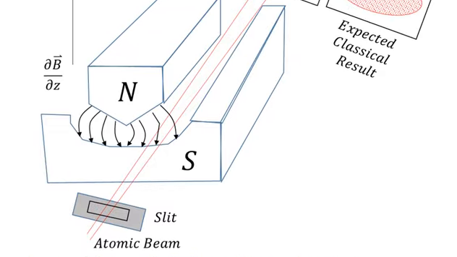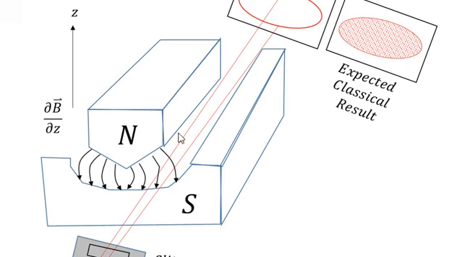The beam passes through an inhomogeneous magnetic field. From these lines of the magnetic field, you can see that the field is inhomogeneous because the lines are curved. Moreover, these lines are not parallel to each other, indicating that the magnetic field is inhomogeneous. I have shown the partial derivative of B with respect to z, which means that if you move along the z direction, you will find that the magnetic field varies.